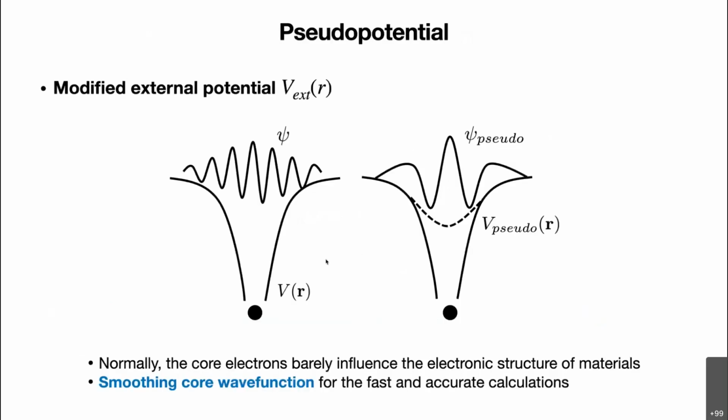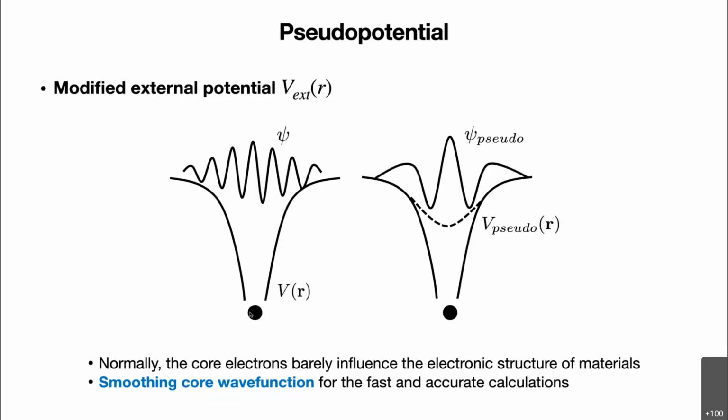So lastly, I'd like to talk about the pseudo potential. Normally in every DFT calculation, we use the pseudo potential, not the exact original potential. With the pseudo potential, we basically modify the original potential. So this is the original electron wave function, and let's say this one is the external potential generated by a nucleus here.